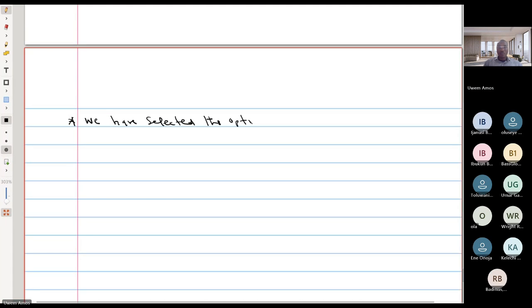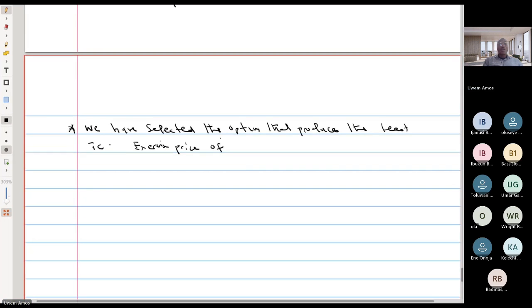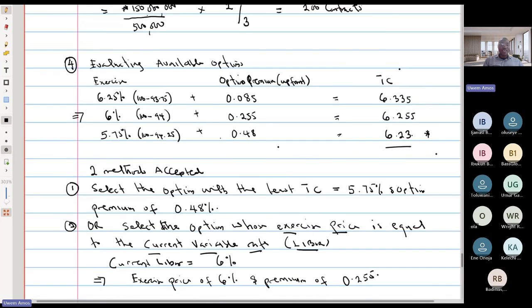So we have selected the option that produces the least total cost. What's the exercise price of that one? 5.75%.